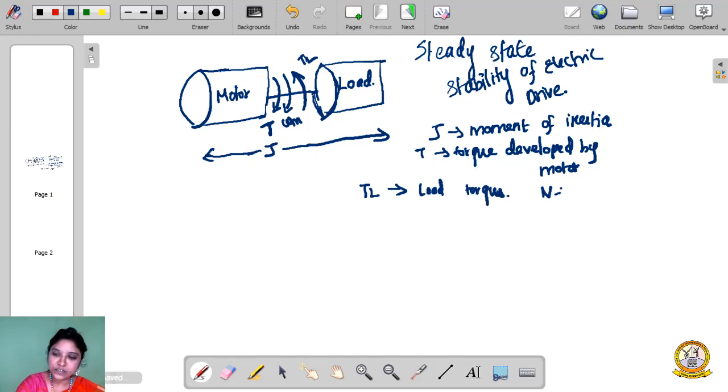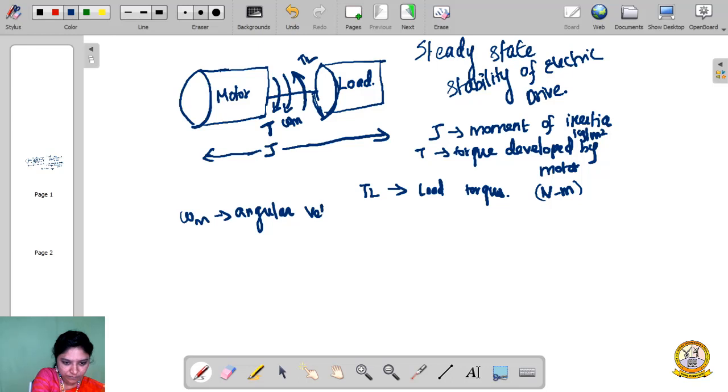The unit is Newton meter, and for J, kilogram meter square. Omega m is the angular velocity of the motor shaft.